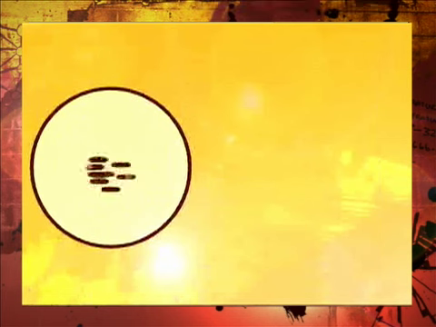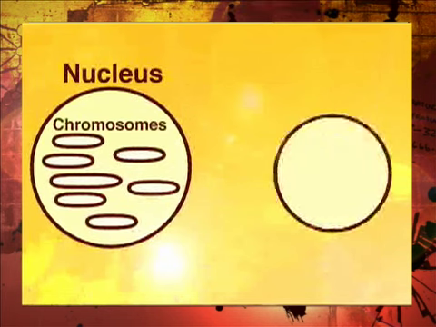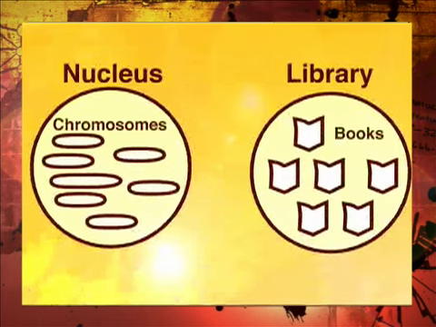The chromosomes in your cell carry all the information, just like books in a library carry information. Each of the books in a library contains a little bit of different information. And just in the same way, each of your chromosomes contains a little bit of different information.